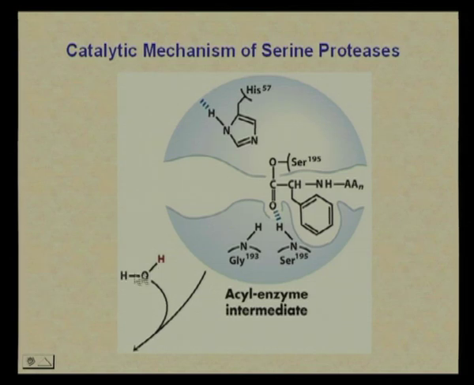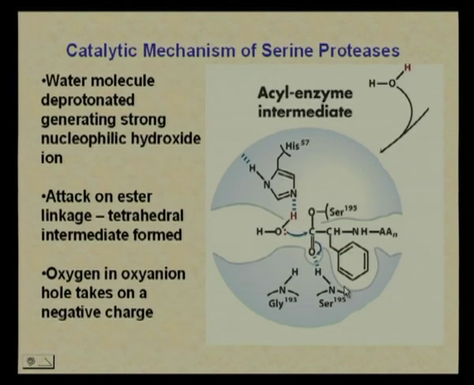Now, we have a water molecule come in, okay. Water molecule is in a lot of abundance in our bodies. So, what happens? The water molecule now is deprotonated. So, who is the one that is going to take up the hydrogen? Histidine. So, histidine then will take up the hydrogen from water.